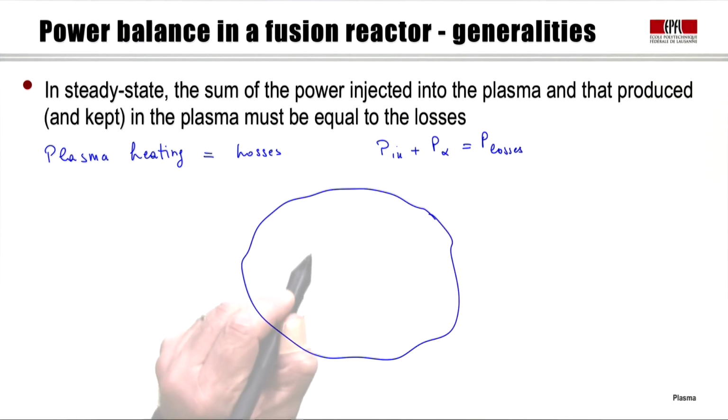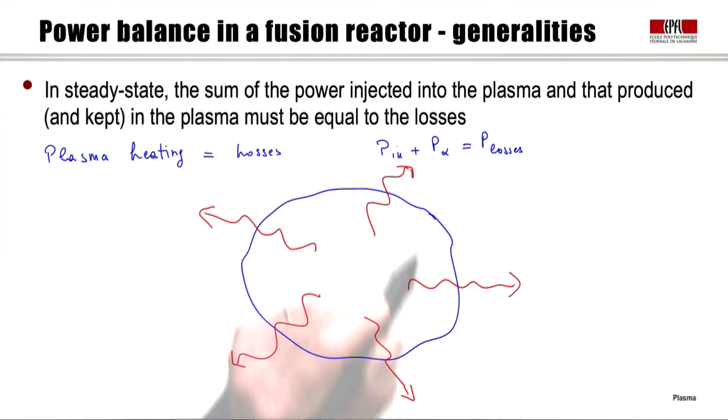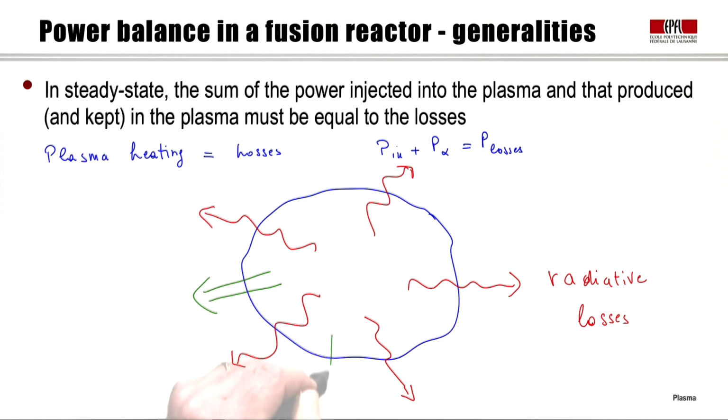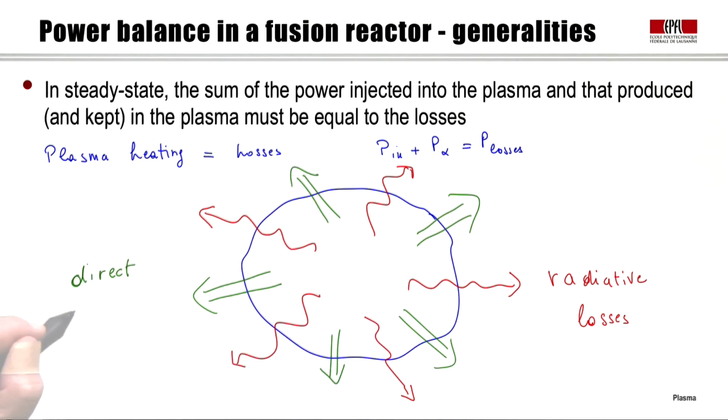We can consider that the plasma is made of charged particles that are subject to acceleration. So there are radiative losses. But the plasma is also a fluid that's subject to direct losses like convection and conduction.